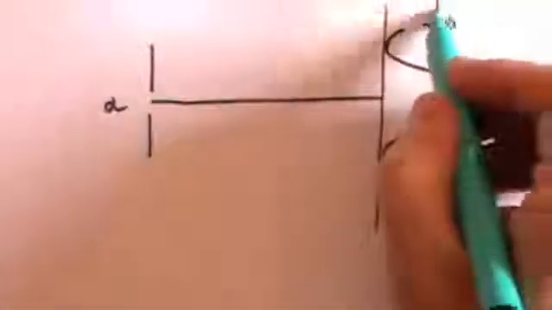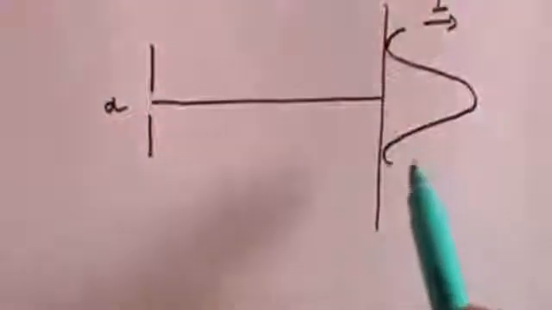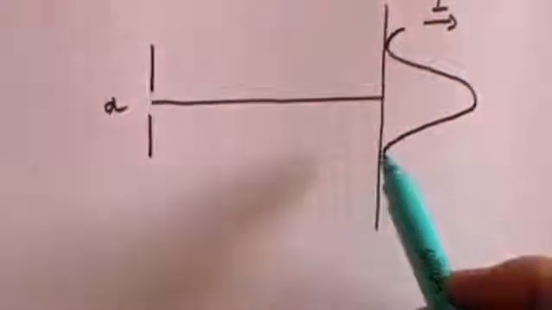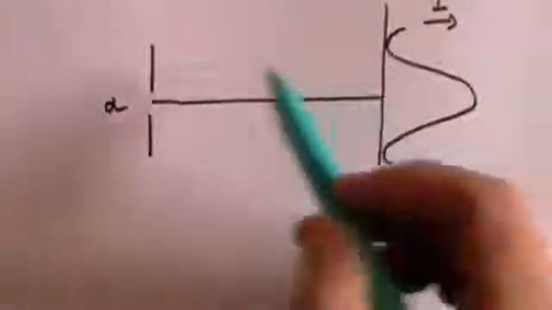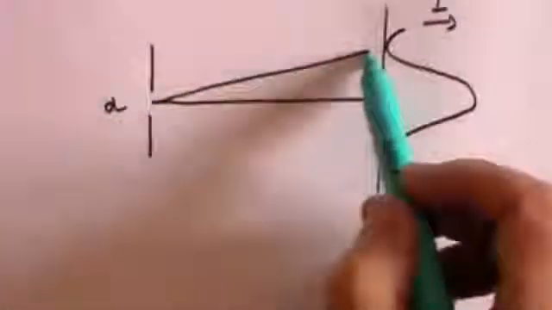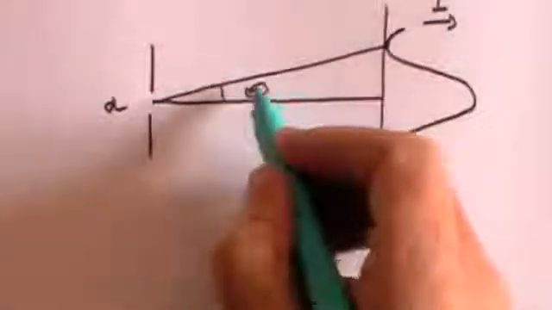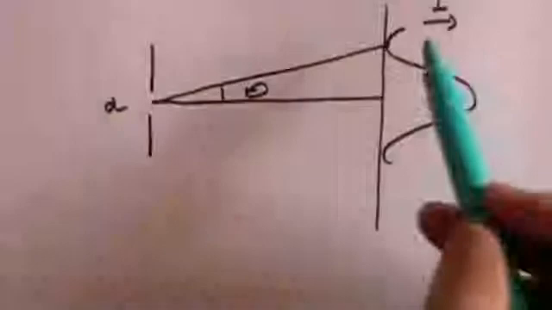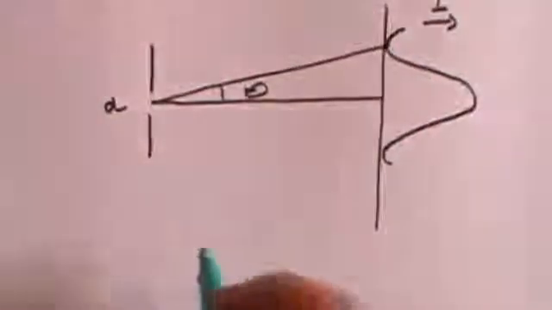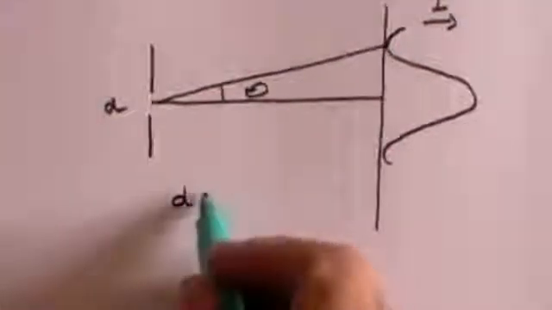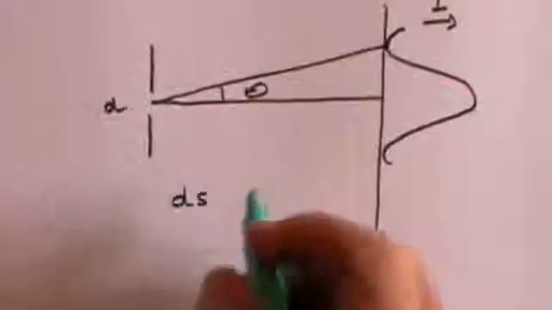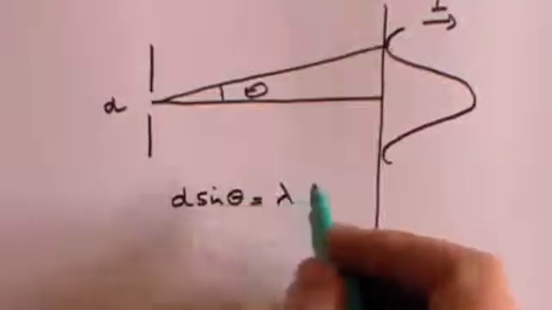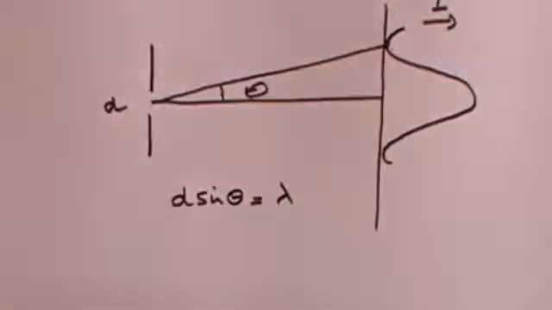Intensity is measured in this direction here, until you get to these points here where the intensity will have fallen to 0. And we calculated that the angle theta for the first dark fringe, as it were, is given by d, which is the width of the slit, times the sine of the angle theta, is equal to the wavelength of the light.